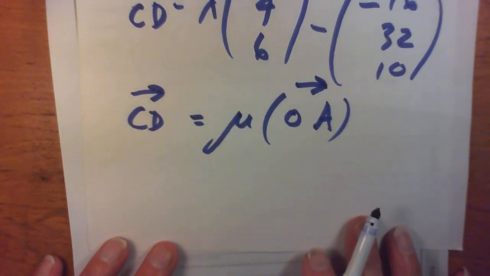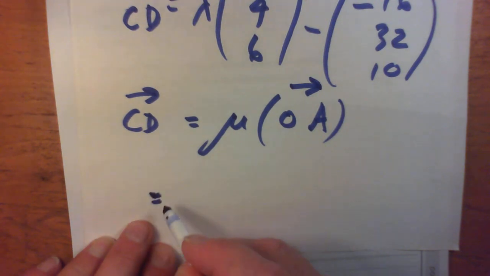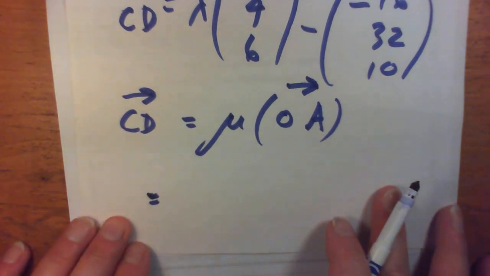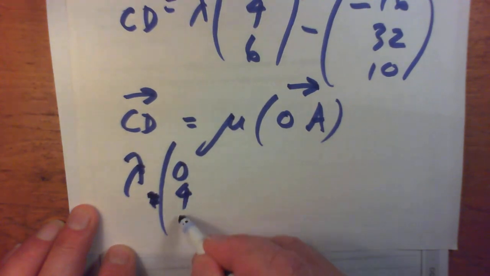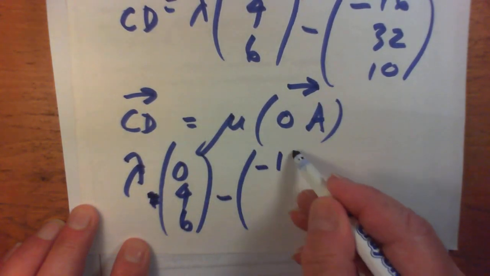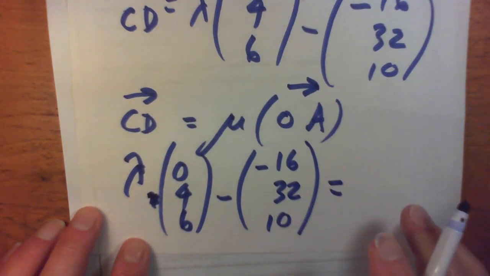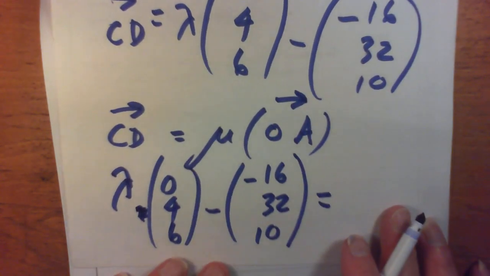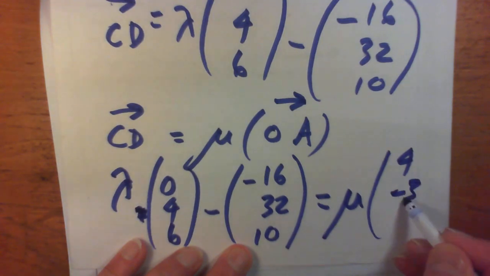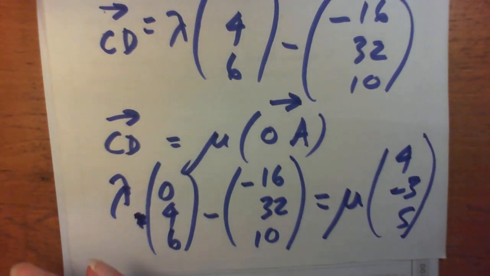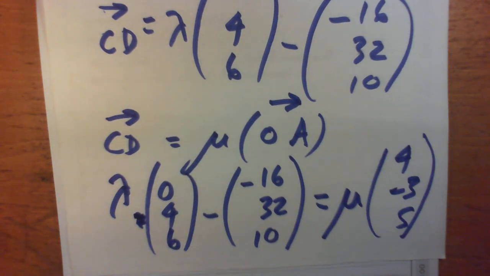So CD, from there, equals mu OA, which is 4, minus 3, 5. By analogy with what I've said before, I've now got three equations, which are independent. Three equations with 2 unknowns is enough to find out what those 2 unknowns are.